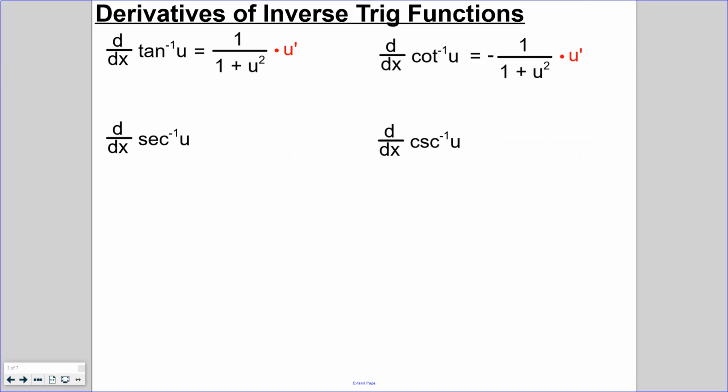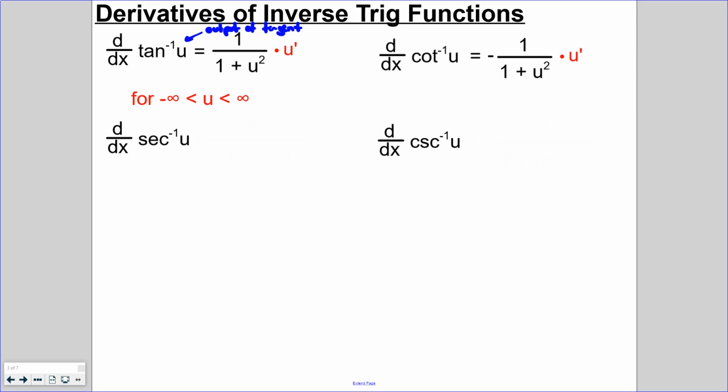Now, just like with sine and cosine, we do have restrictions on the inputs, because remember, u is the output, or the range, of our tangent function. And if we remember back to pre-calculus, the range of our tangent function is all real numbers, from negative infinity to positive infinity.